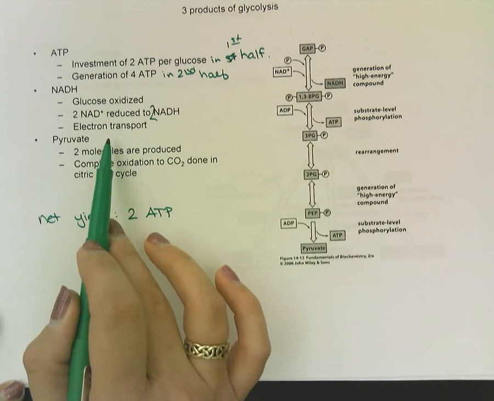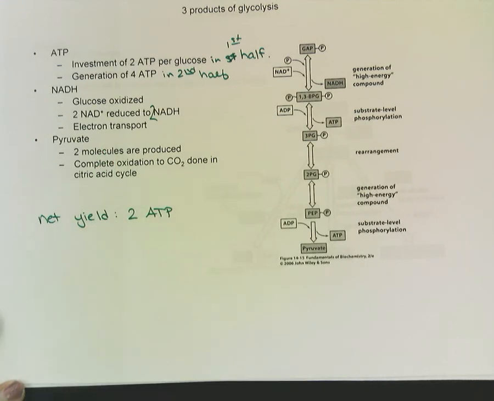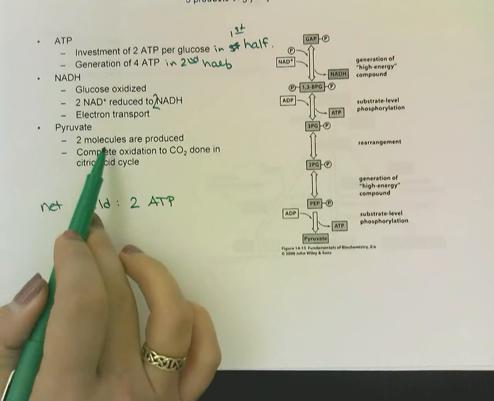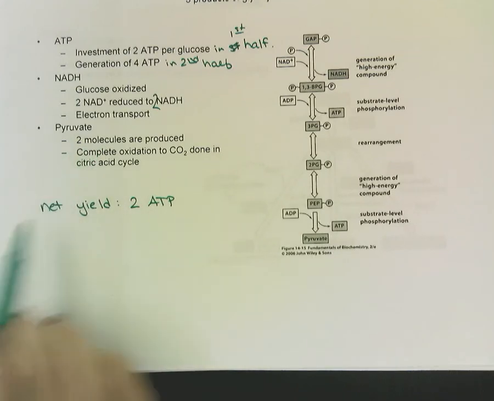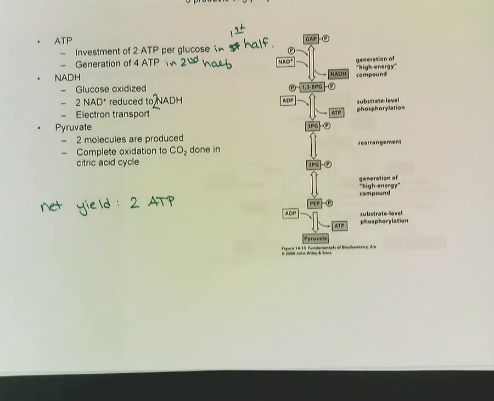And so it's an oxidation reaction, so we see that there's going to be some electron transport going on, which we'll need when we get to citric acid cycle. And finally, we make 2 molecules of pyruvate, which will be used in the citric acid cycle to complete the oxidation all the way down to carbon dioxide. So we'll need those pyruvates immediately.